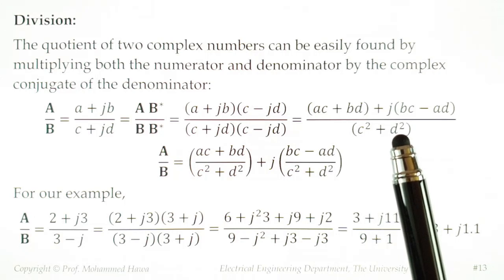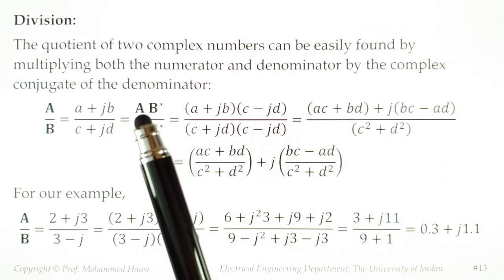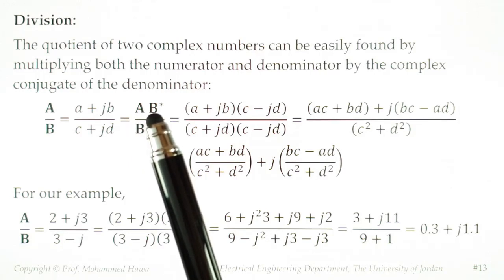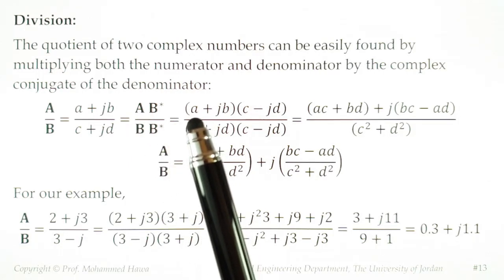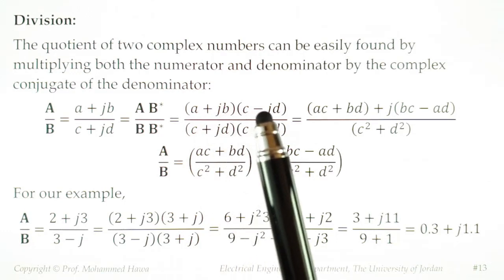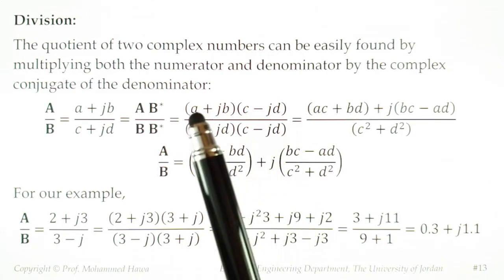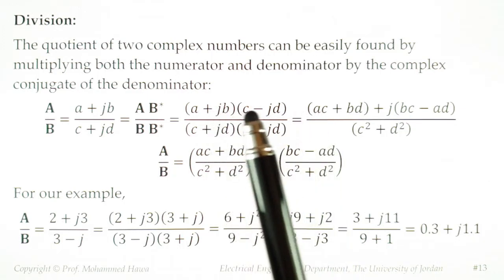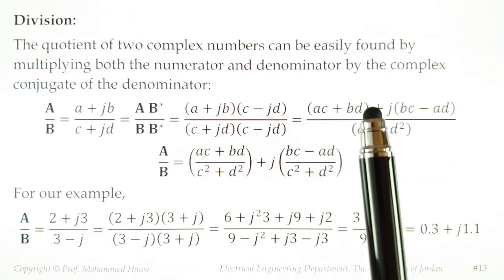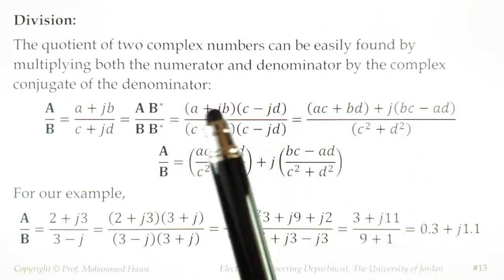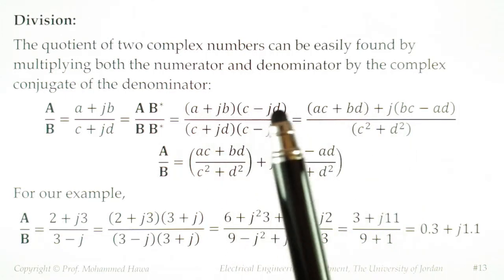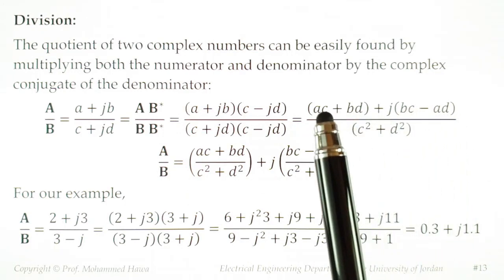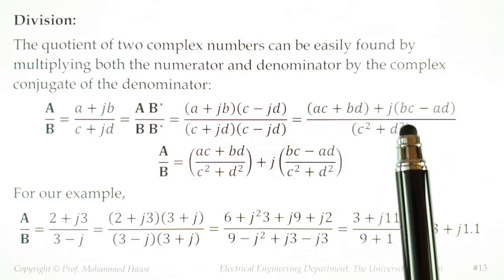Of course, you have to do the extra step of also multiplying complex number A by the complex conjugate of the complex number B. So you want to multiply a plus jb by c minus jd, and the result is a multiplied by c plus minus j squared bd, that's b multiplied by d, plus j times b multiplied by c minus d multiplied by a, and this means you have a complex number divided by a real number.